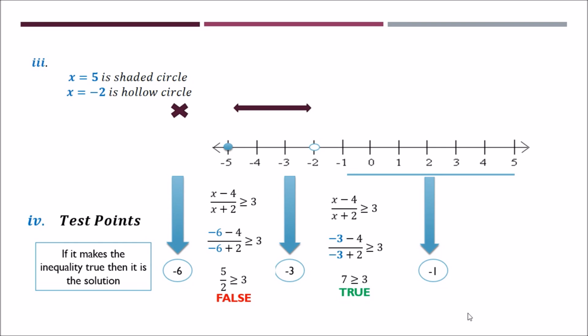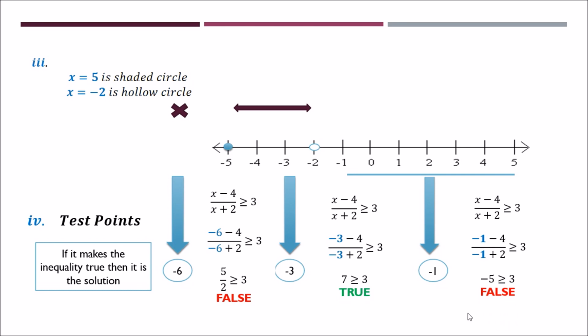Then let's test numbers greater than -2, for which we select -1. Substituting -1 into our original problem, that will give us -1 minus 4 all over -1 plus 2 greater than or equal to 3, and that will give us -5 greater than or equal to positive 3, which is false.